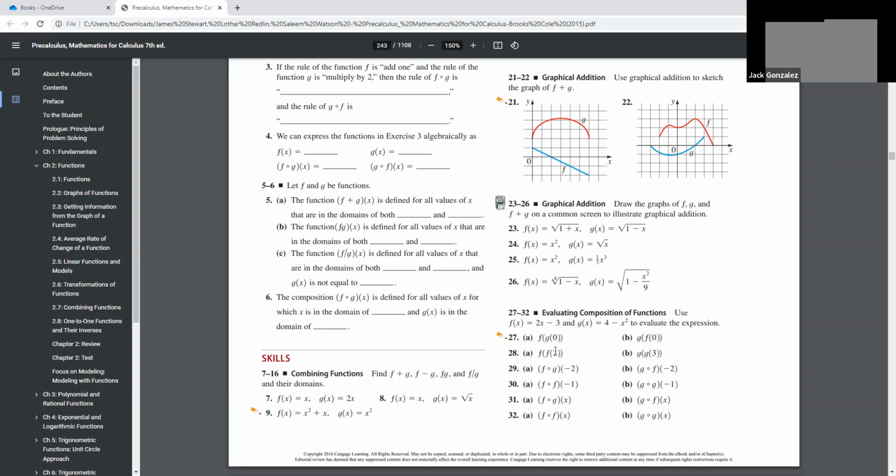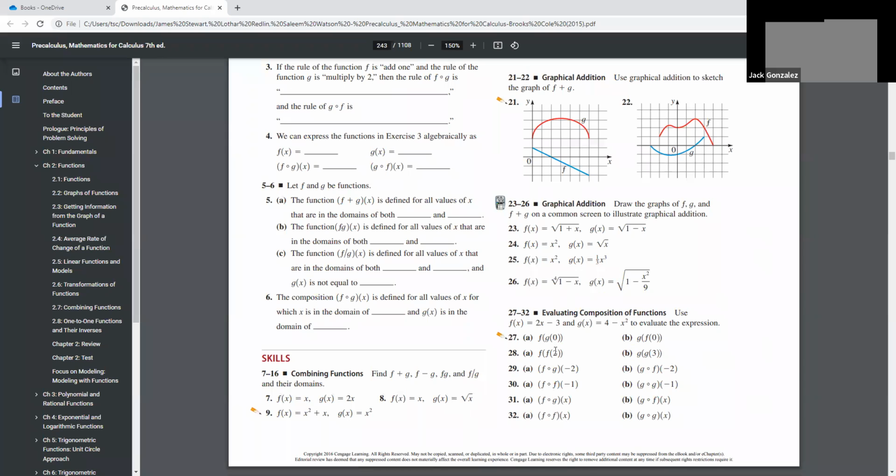All right, 29 is G of F of -2, right? Yeah. F is equal to 2x minus 3. G is equal to 4 minus x squared. So G of F of -2.